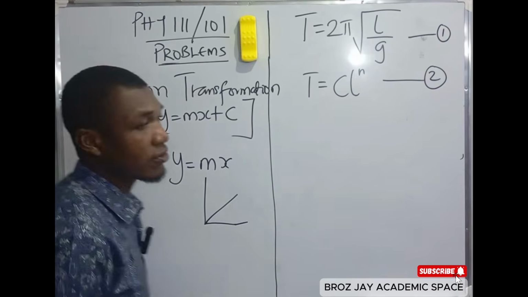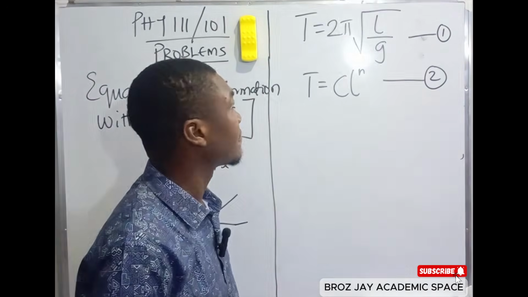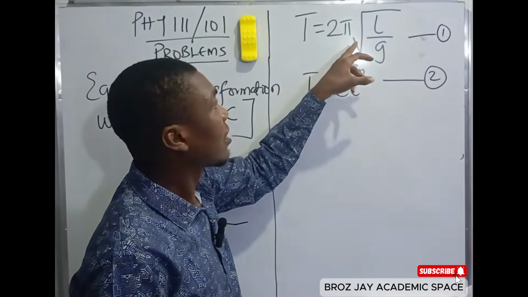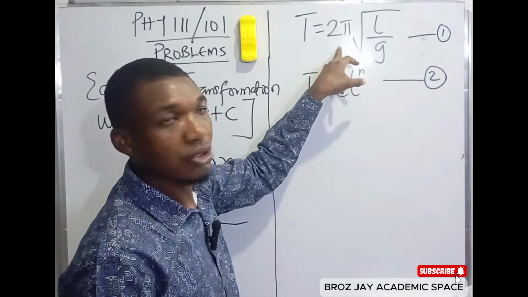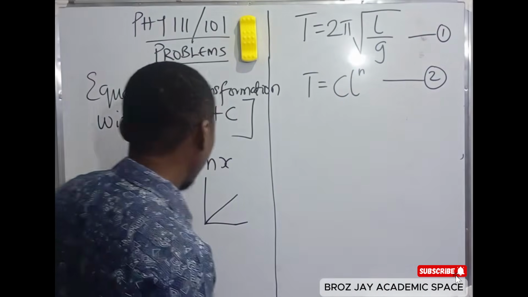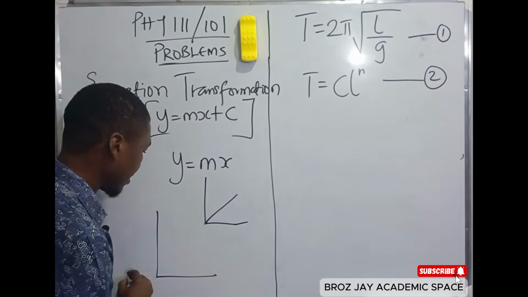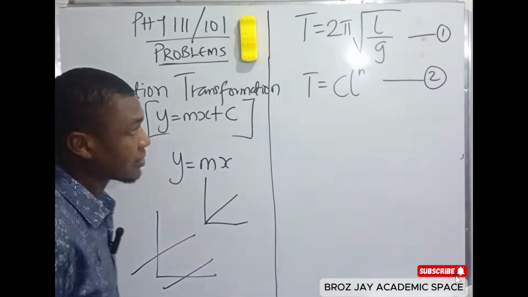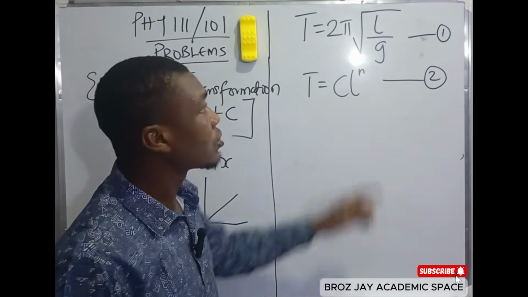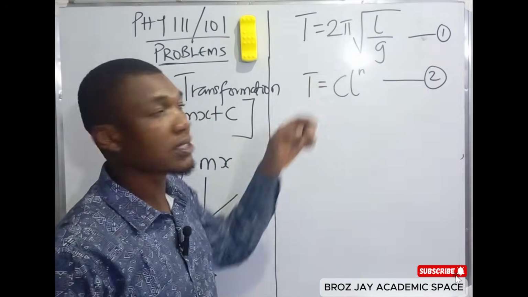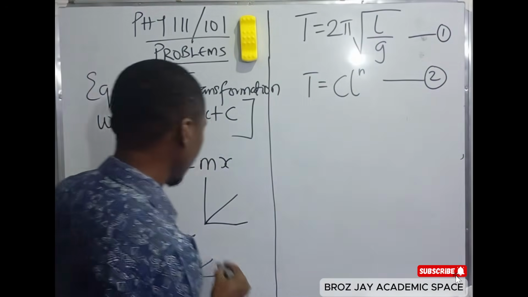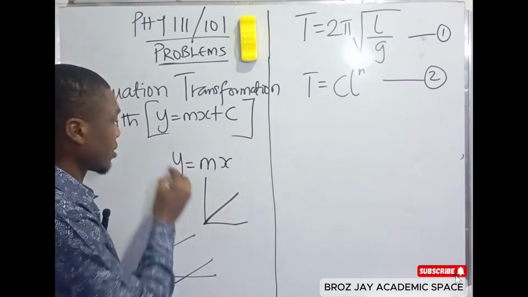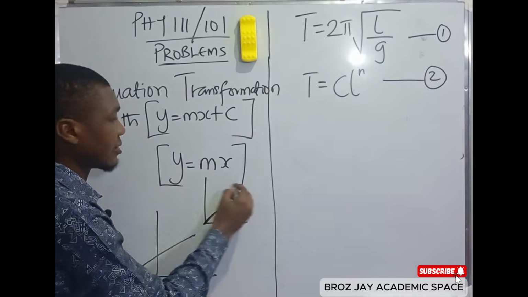One of the laws I derived is that once you see a positive or negative sign in an equation, it means that equation definitely has an intercept, either on the positive side or the negative side. But once you don't see a positive or negative sign in an equation, that means it's going to pass through the origin, like this equation here.